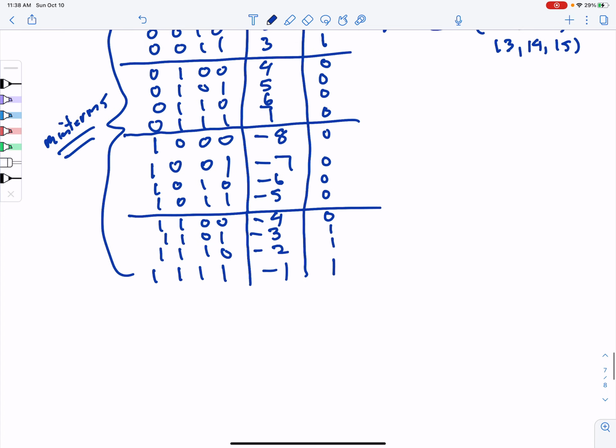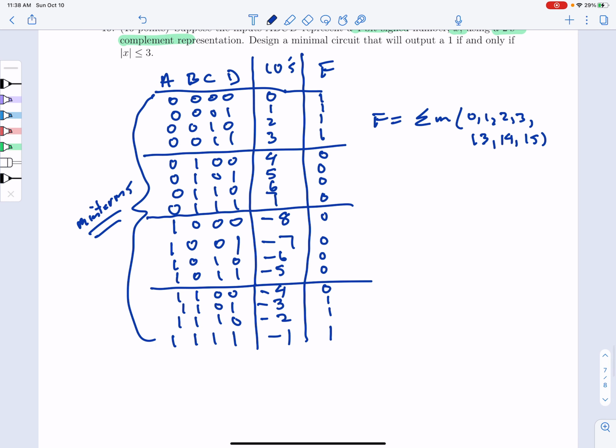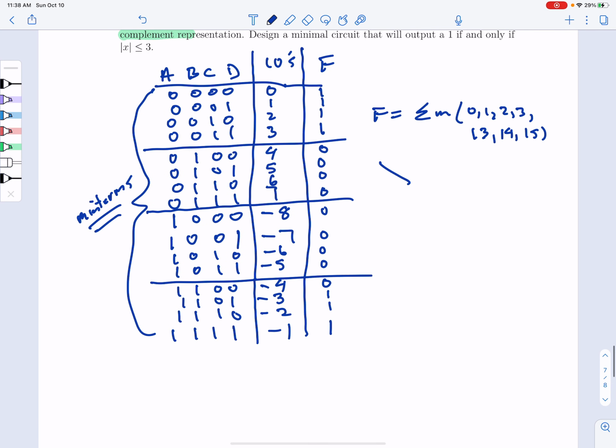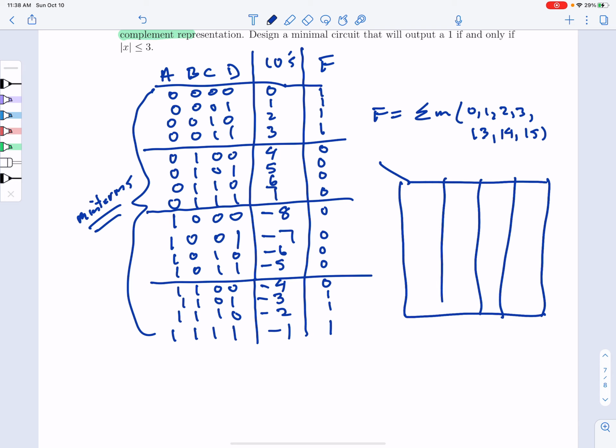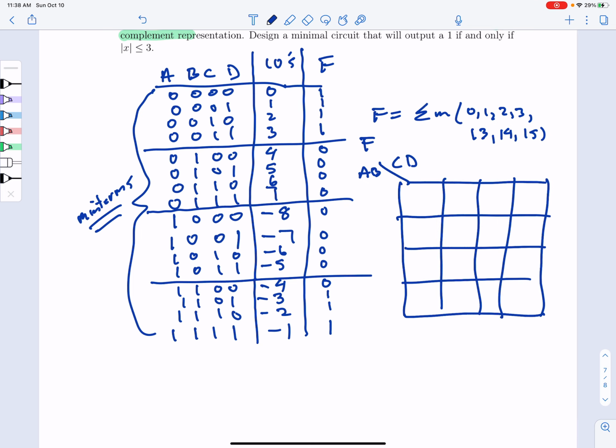From there, I can make a Karnaugh map with A, B, C, D, the usual way.